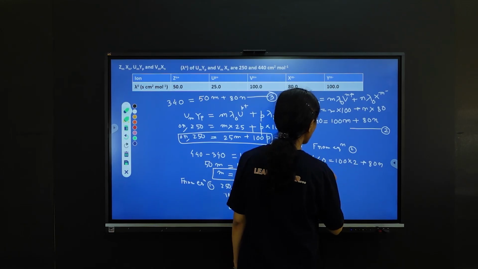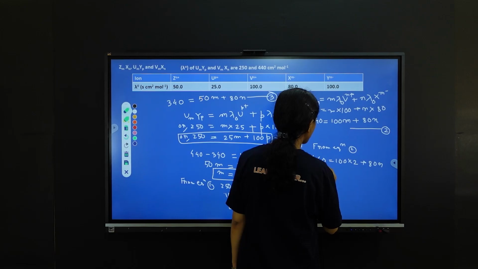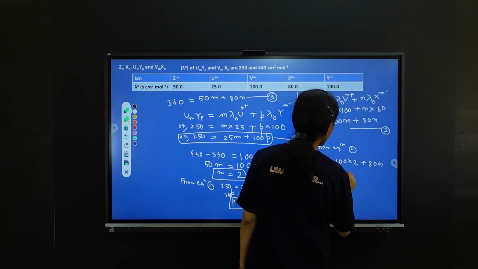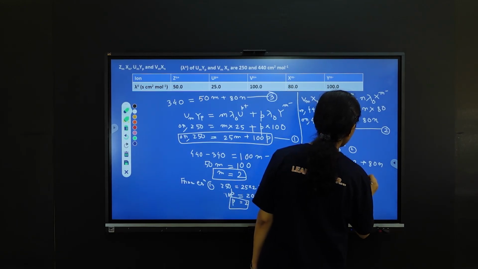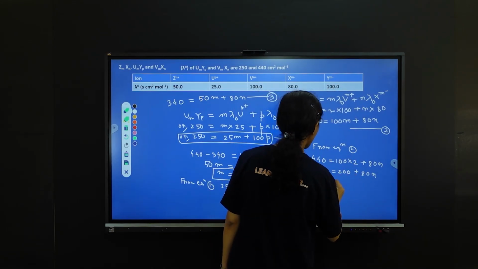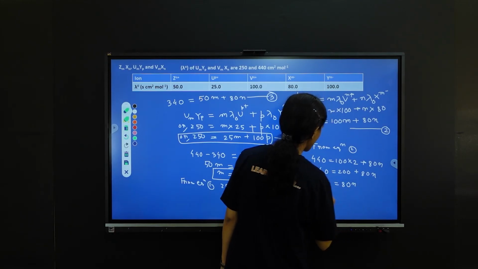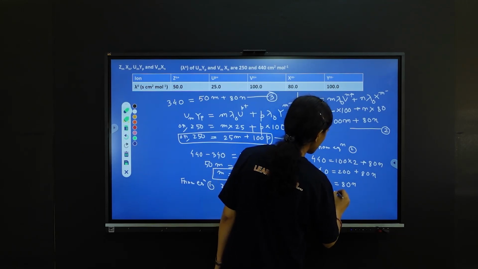This is giving you 440 is equal to 200 plus 80n. So 240 is equal to 80n. So n has come out as 3.